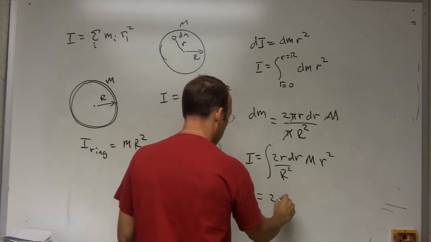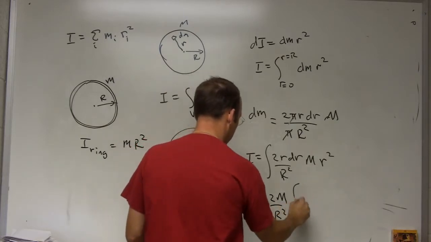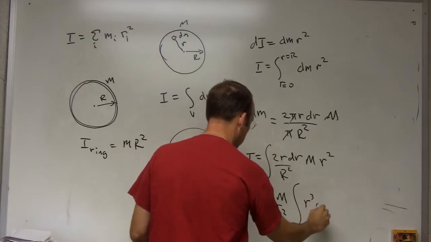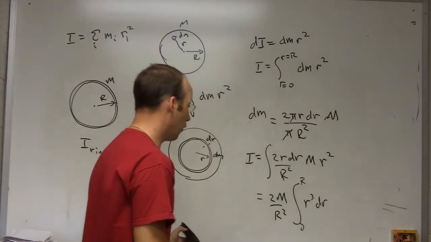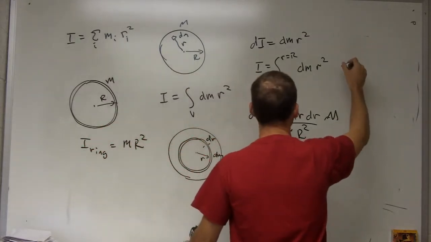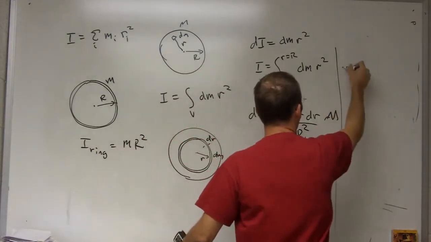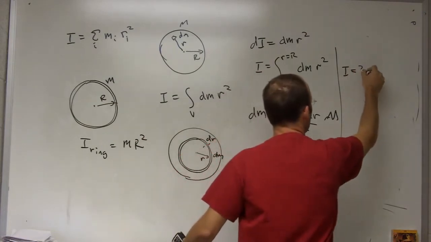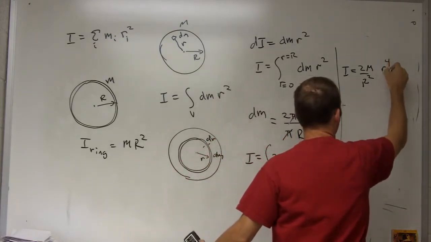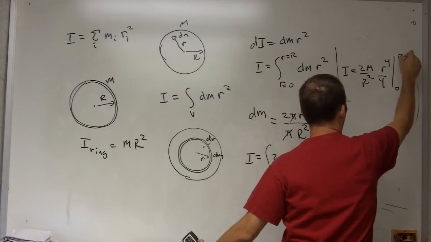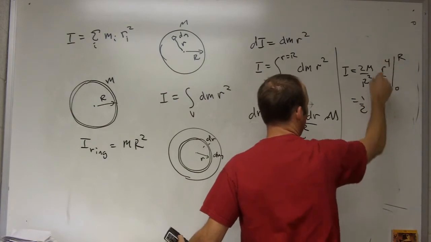I get 2m over R squared, and then the integral of r cubed dr from 0 to R. The integral of r cubed dr is, I'm running out of space up here, so I'm going to put it right here: I equals 2m over R squared times r to the 4th over 4, from 0 to R. So I get 1/2 m R to the 4th over R squared.